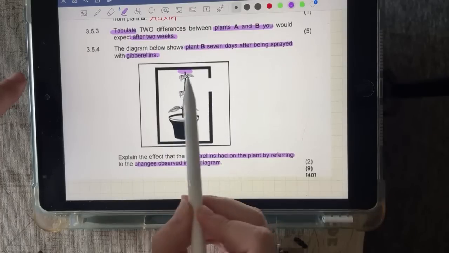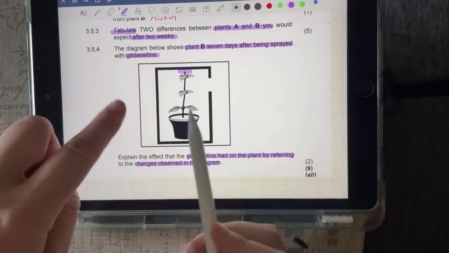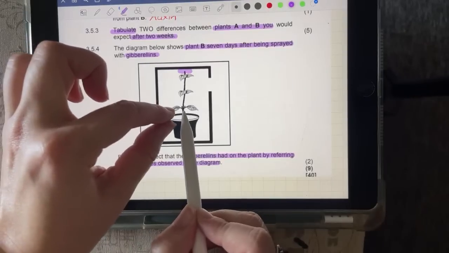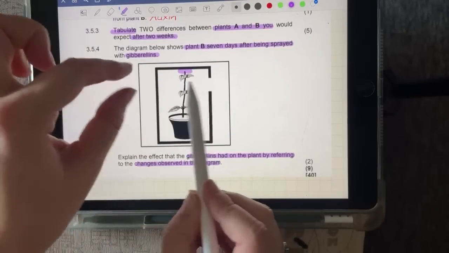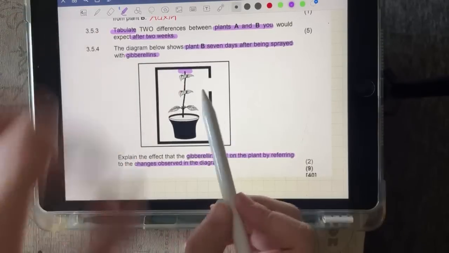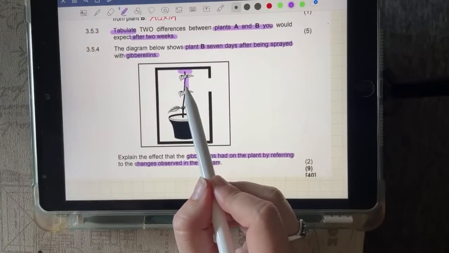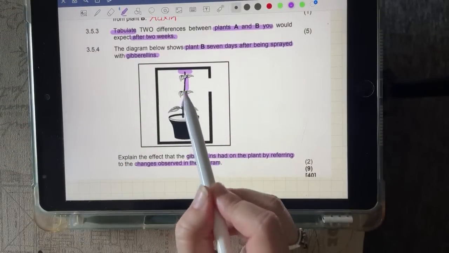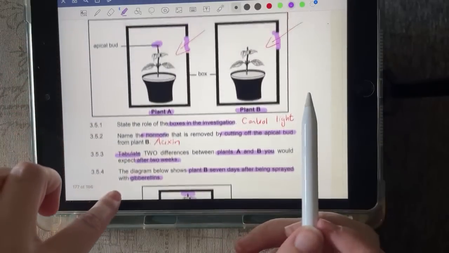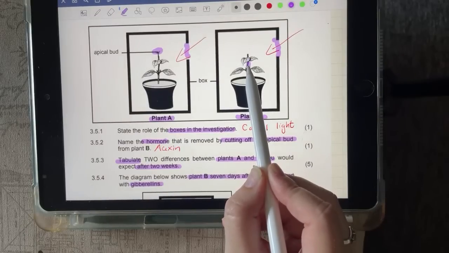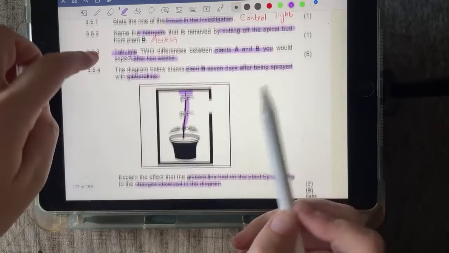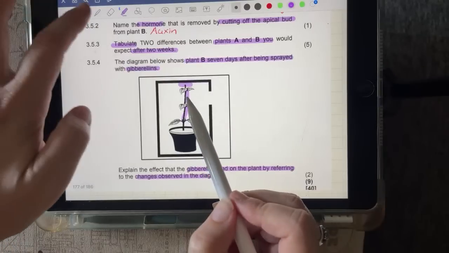It is missing. But you will notice, though, that it has started to grow taller, and we are getting some lateral growth. And in actual fact, the distance between the leaves is quite great in between these two. Now, if we go back to our original picture, look how close together they were here versus how far away they are over here.